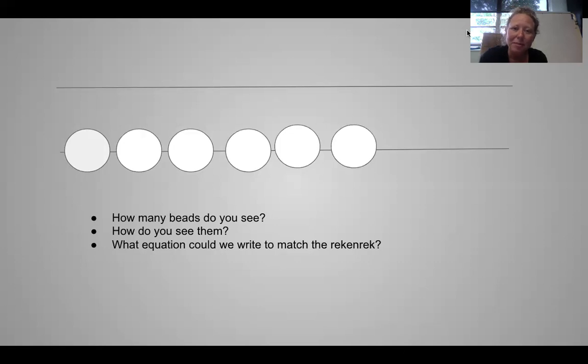How do you see them? What equation could we write that would match this Rekenrek?